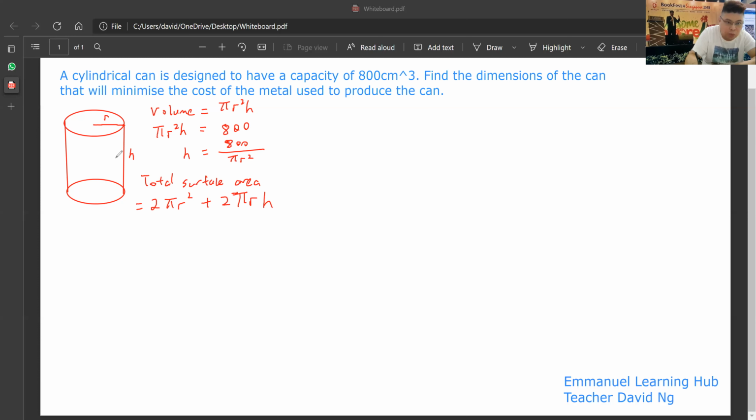You understand what I mean? 2 pi r h, you find this part, not the top and bottom, the surrounding. 2 pi r square is top and bottom. h is this guy, right?